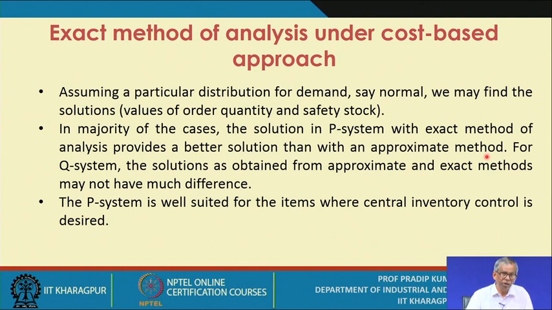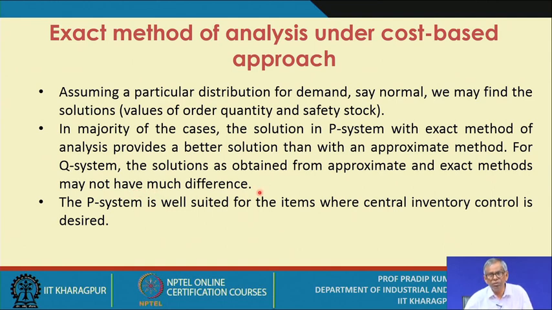That means for many items, you know, for what kinds of inventory items you prefer to use the P systems of inventory control, and usually for determining the parameter values of the P system, you had better use the exact method of analysis, whereas for the Q system the solutions obtained from approximate and exact methods may not have much difference.